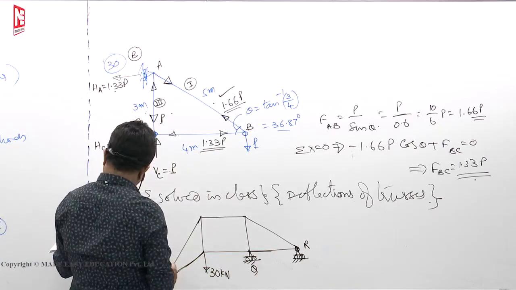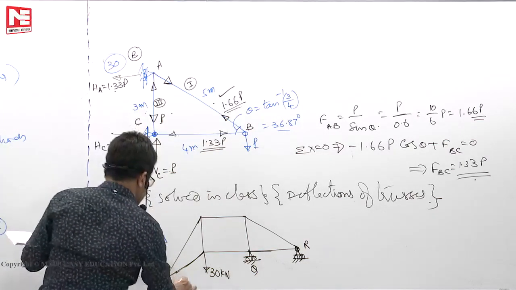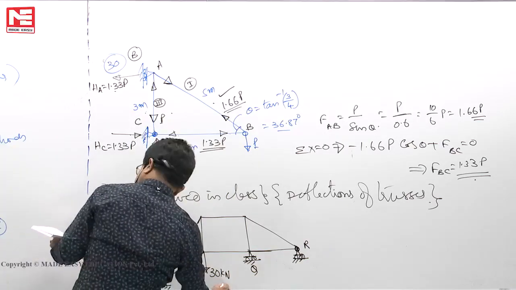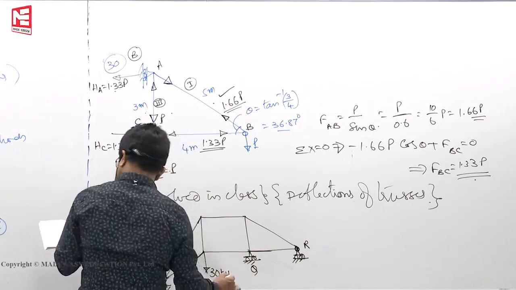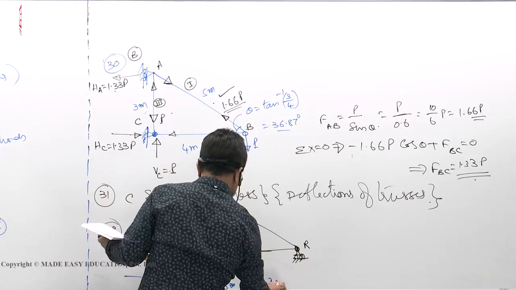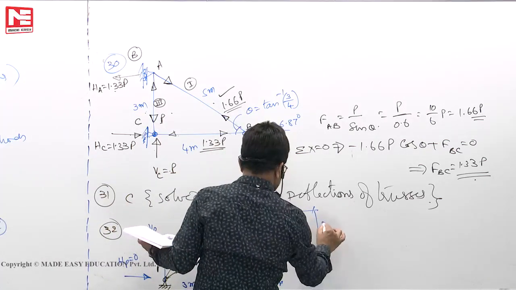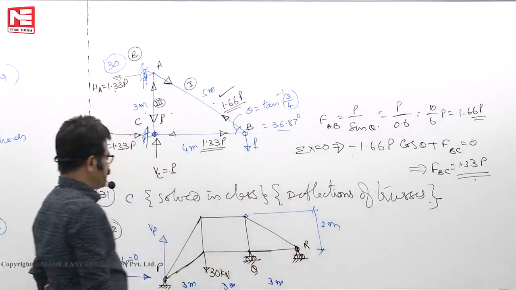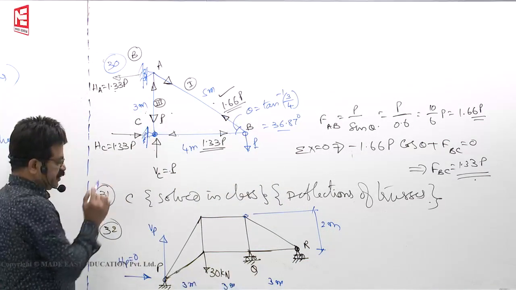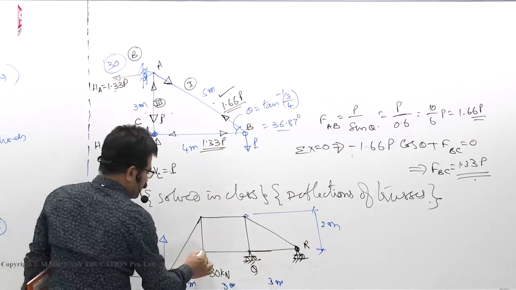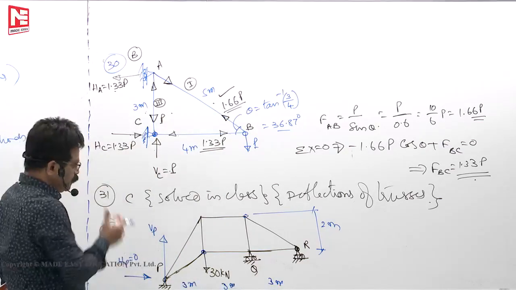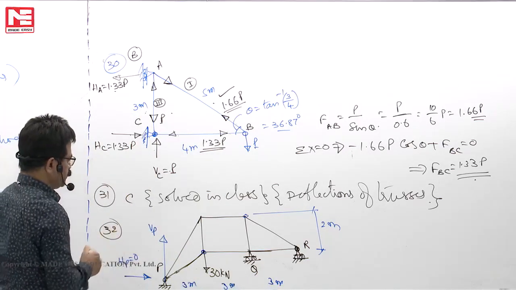Now, these distances are known to us: 3 meters, 3, 3. This height is 2 meters. Okay. Since there is no horizontal action, horizontal reaction must be 0.